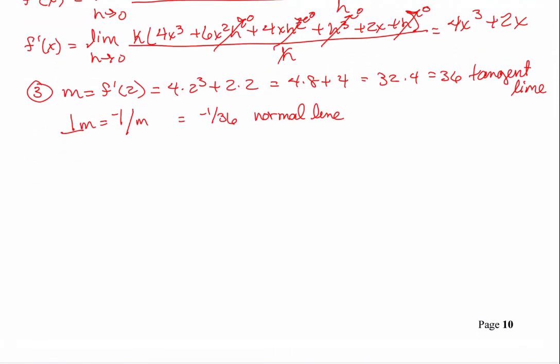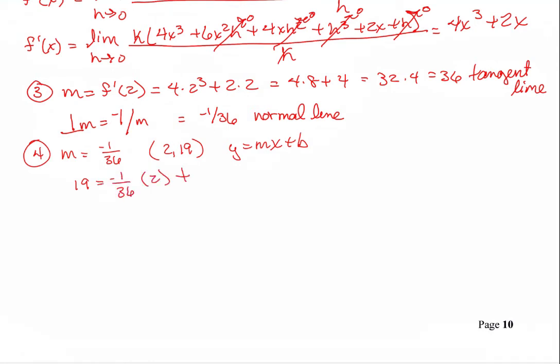Okay? So then for step four, I have the slope of -1 over 36. I have the point (2, 19), and I have y equals mx plus b. All right, so I have 19 equals -1 over 36 times 2 plus b. So then I have 19 equals -1 over 18 plus b.